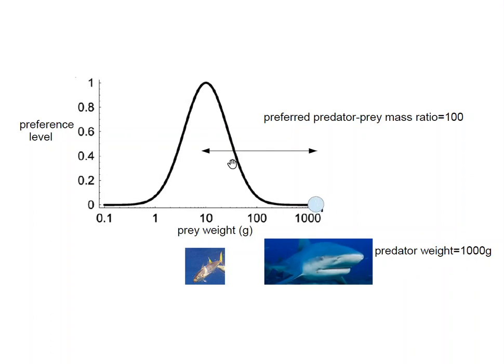And this log normal distribution here shows the preference function of such a predator for prey of different sizes. And you see, because its preferred predator-prey mass ratio is 100, it most prefers to eat prey of weight 1,000 divided by 100.